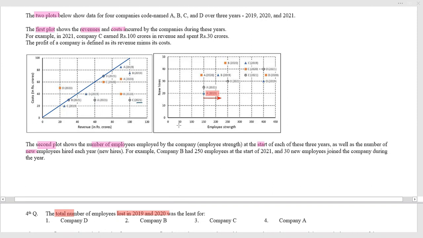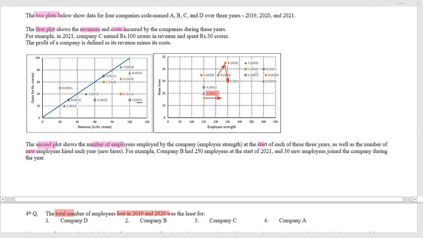Least for whom? Whose case is the least, that I need to find. Right hand side means low number of employee loss. Now, please check 19 to 20, it is going right for B. For 20 to 21, also going right. But for A, it is not like that. It is going left and then a small right.